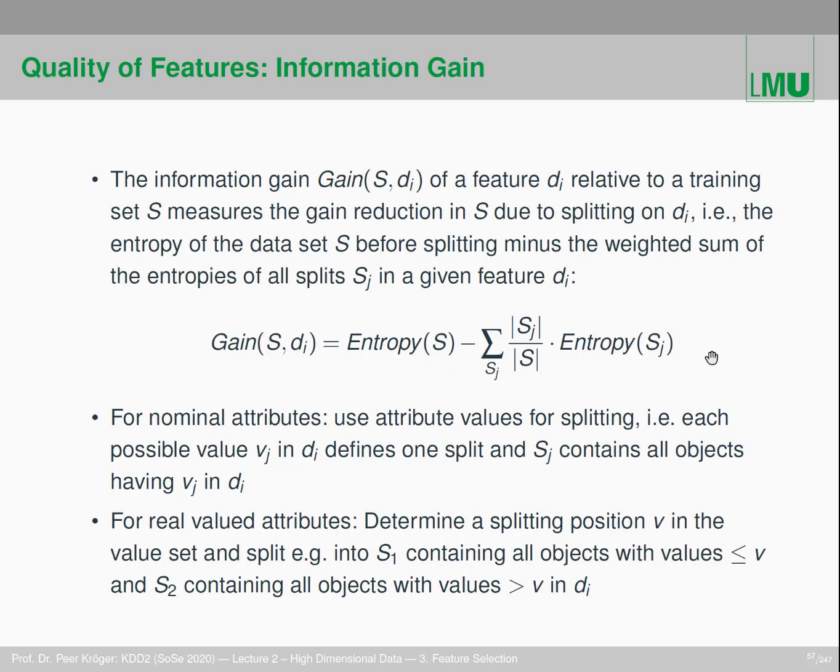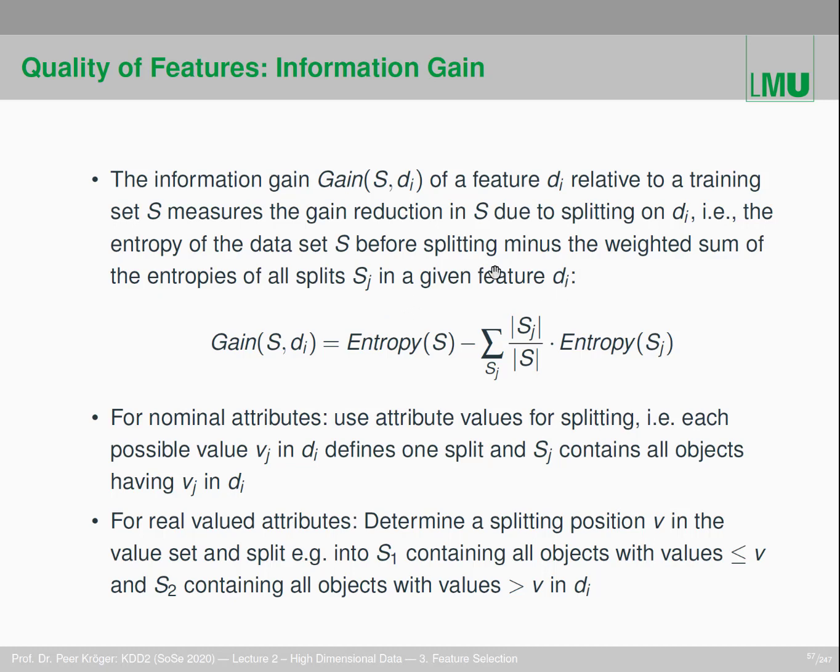So how can you use that now? You can use that in the information gain value that evaluates one specific feature relative to the training set S, and actually what you measure here is the gain reduction in S due to splitting the training set S along the dimension or along the feature di. So you take the entropy before you split, minus the entropy of all the splits you get if you split along a given dimension di.